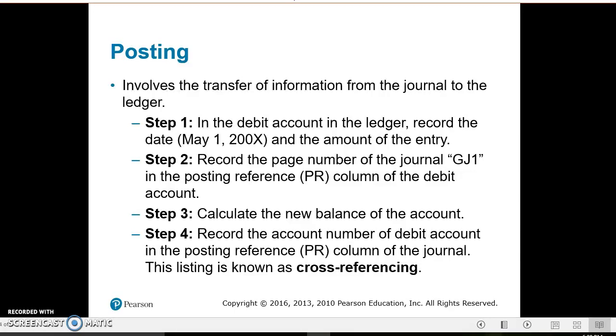Then you're going to record the credit amounts. In the post reference, PR, you would put general journal 1 because it came from the general journal, page 1. Then back on your general journal, you do what's called cross-referencing, and you'd put in the account number. So if it was cash, it would be 111.